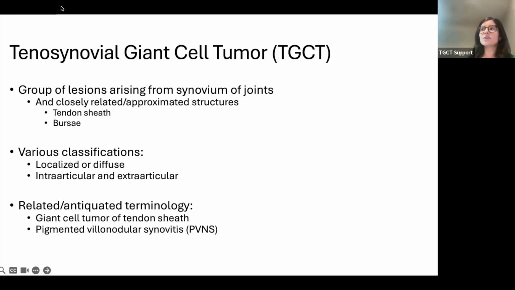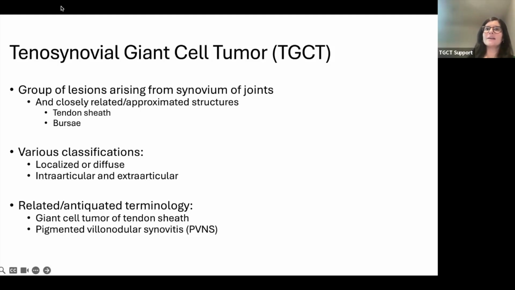And is the location of the disease within a joint space, intra-articular, or encompassing spaces outside of that joint space, so extra-articular. And again, the related antiquated terminology that we discourage use of in our reports would be giant cell tumor of tendon sheath and pigmented villonodular synovitis, PVNS.